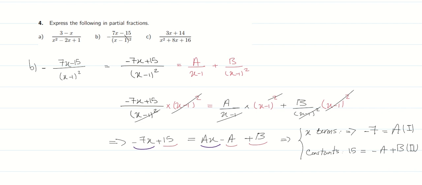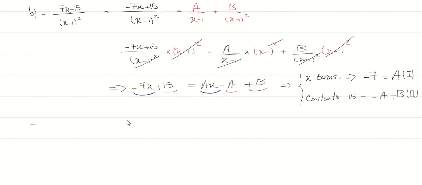So a is equal to negative 7, and I can easily calculate b based off the second equation. 15 is equal to negative a, and our a was equal to negative 7, plus b. Negative times negative would be positive, and if I move 7 to the other side, that means my b would be equal to 8.